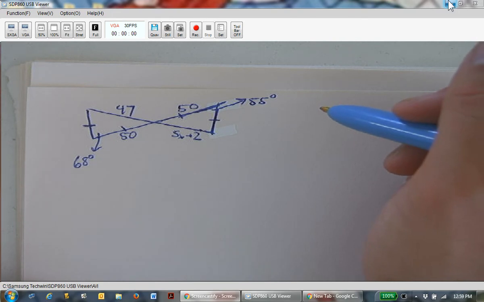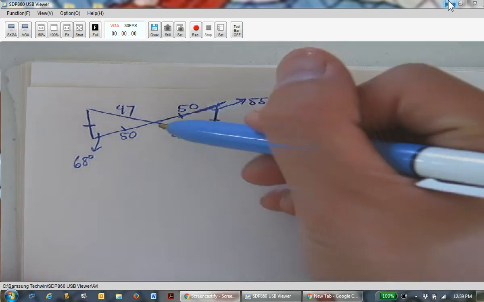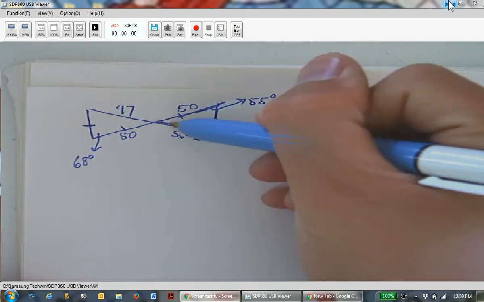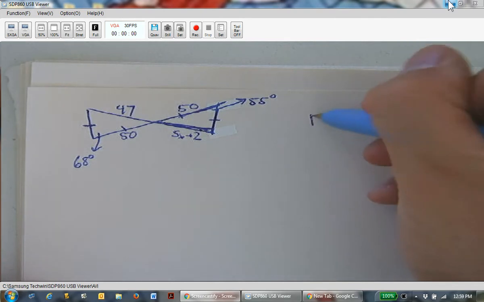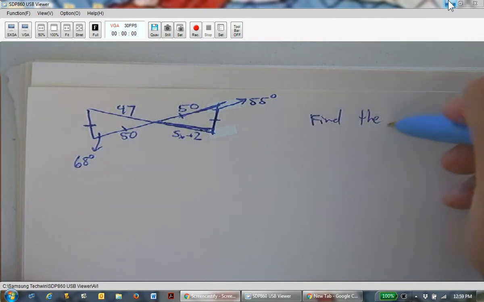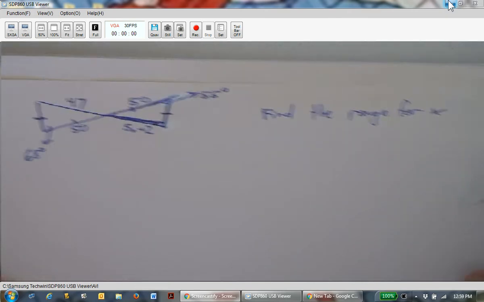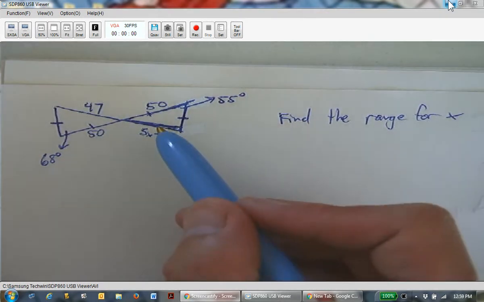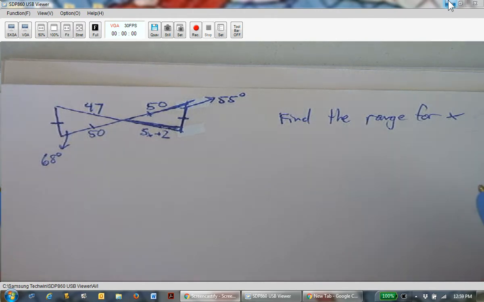So before we begin, which side is going to be smaller? We're going to only compare the sides with the x because I want you to find the range for x. Which side is going to be smaller? 5x plus 2 or 47? 5x plus 2. How did you know that?